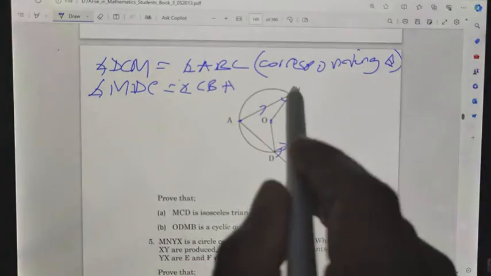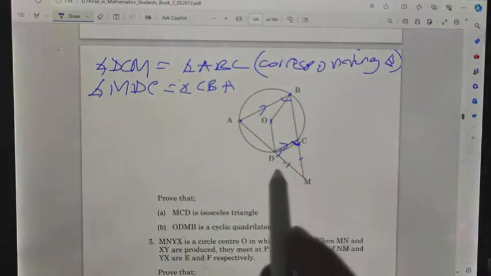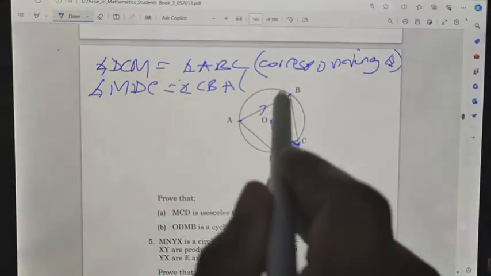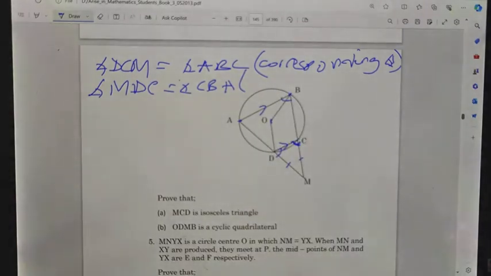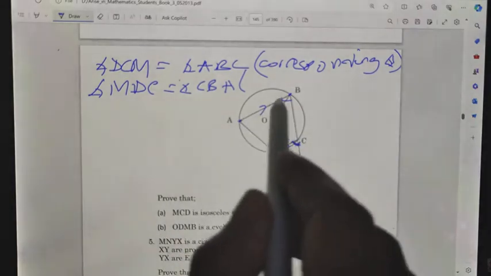Reason? It's simple. Who can tell the reason? This is a cyclic quadrilateral.